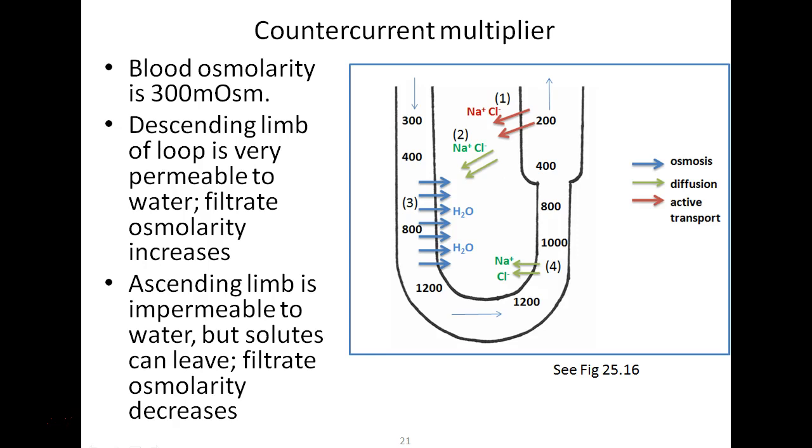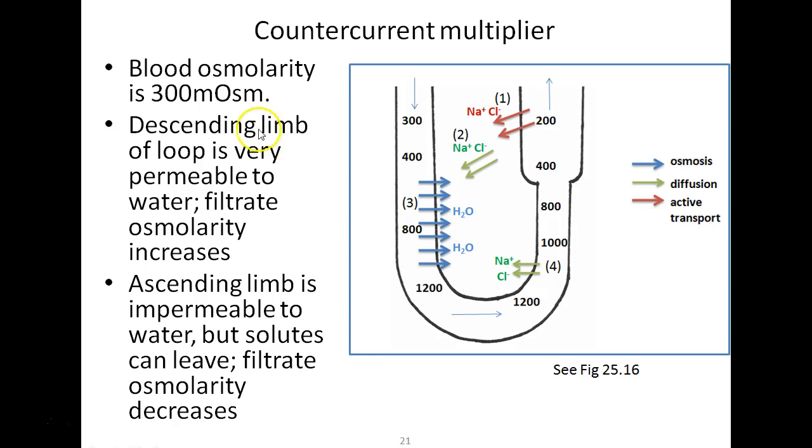So what this is then is a positive feedback mechanism. In this positive feedback mechanism, tubular fluid reverses direction as it moves through the descending and ascending limbs of this nephron loop. It's going to increase salt concentration within the interstitial fluid.